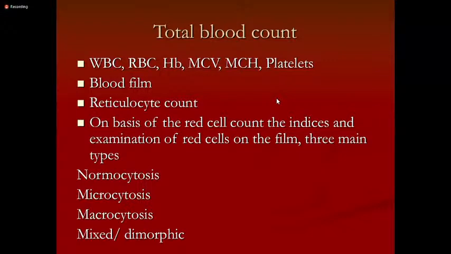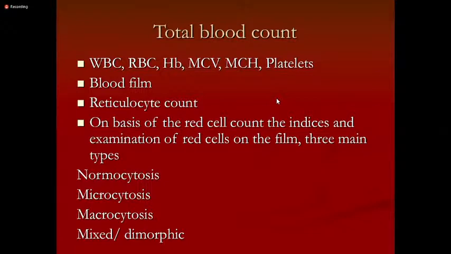The mixed picture may come because there are multiple causes of the changes. There may be complications of the changes. There may be treatment, so much so that two different types of these changes may appear. In other words, we'll be talking about dimorphic.